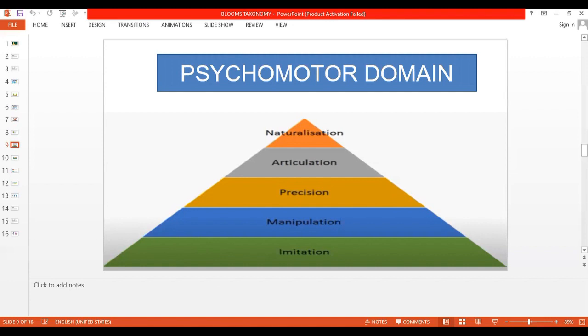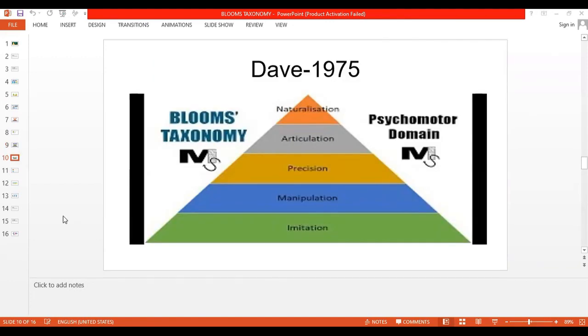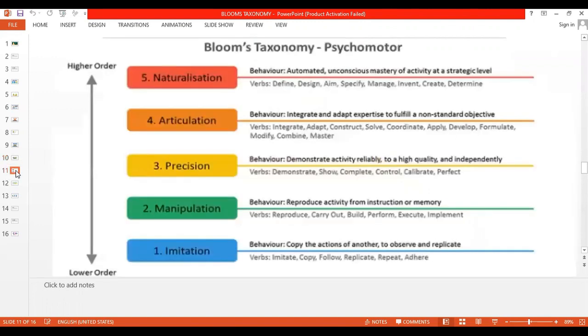The learner uses physical action to achieve a cognitive or affective objective. In 1975, Dave divided this psychomotor domain into 5 different levels, starting from the lower order to the higher order.